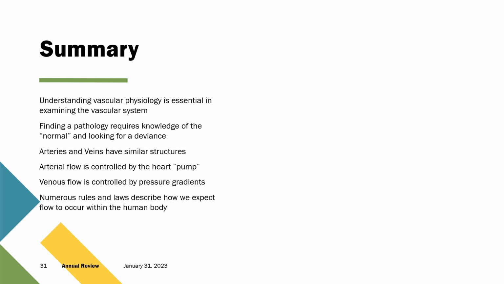And numerous rules and laws, such as Bernoulli's law, Poiseuille's law, and the law of continuity, are really important in understanding how and why the blood moves through the body, and explain why we see what we do when we're imaging it.